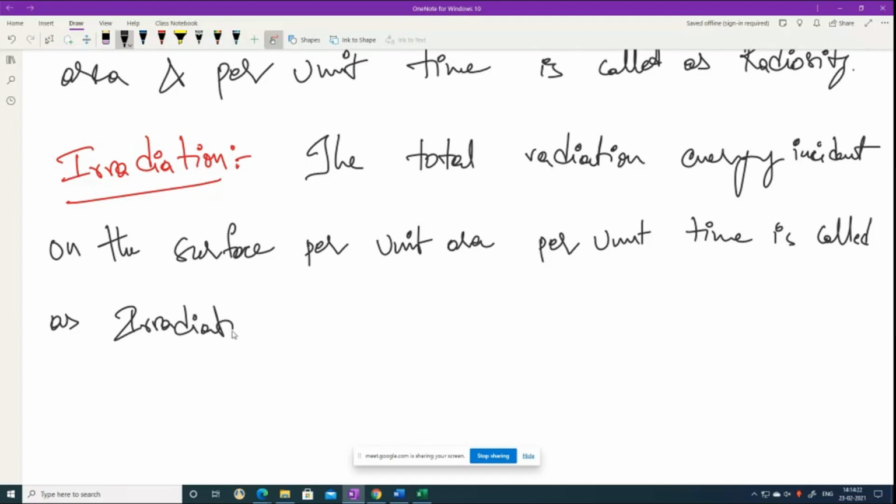Okay. So simply put, what does irradiation mean? It is incident energy. Whatever is coming, you call it incident energy, and this irradiation is generally shown with G. G is the letter showing your irradiation. Okay, I hope this is clear to you.